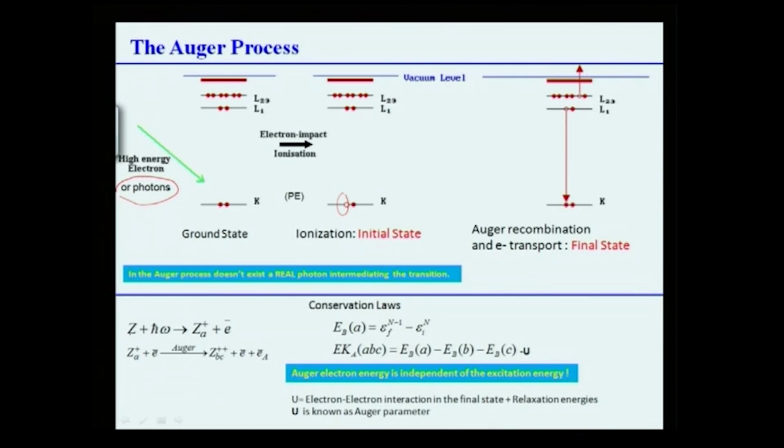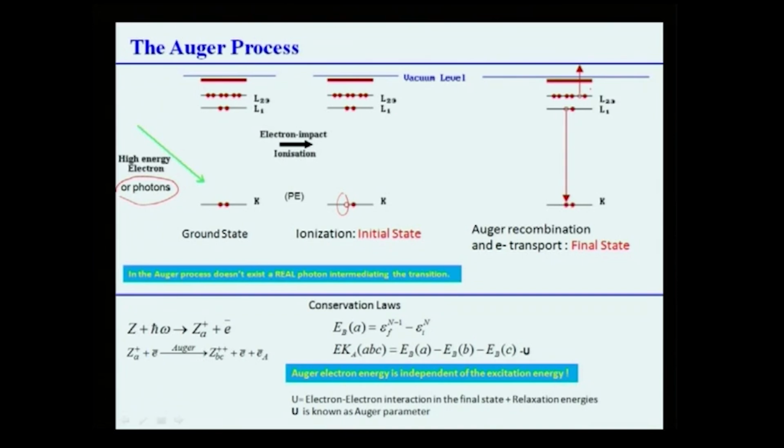And this is what is shown here, Z plus h nu. Z is the atomic number of the material, and h omega is the energy of the electron. ZA plus electron level, and this produces, whenever there is an Auger electron, Z plus electron A, that is the Auger electron.